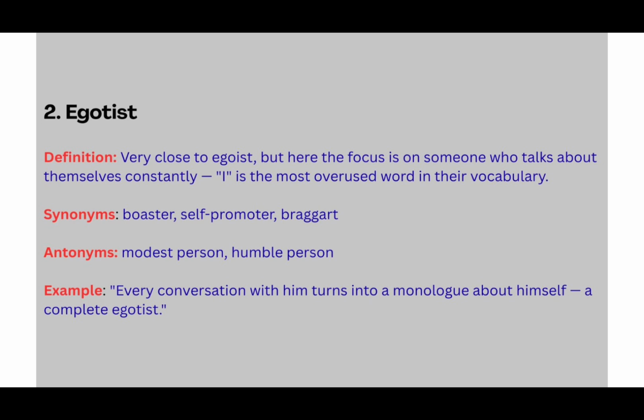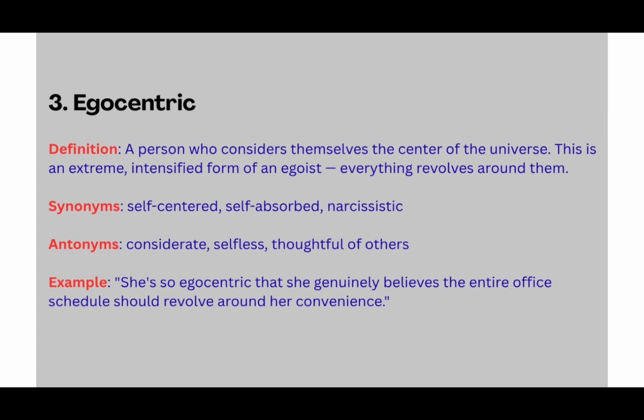So let's get into the next root word, that is egocentric. Egocentric is an extreme and intensified form of egoist. They think everything revolves around them. They think themselves to be at the center of this universe. Here some similar words, synonyms we have like self-centered, self-absorbed, narcissistic.